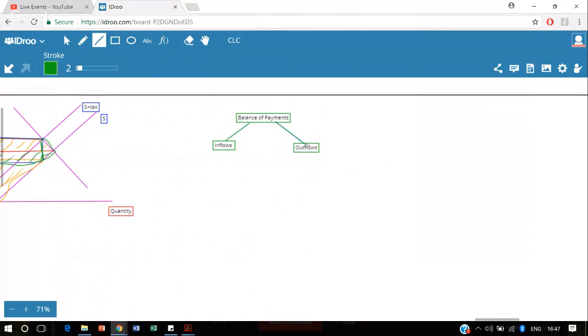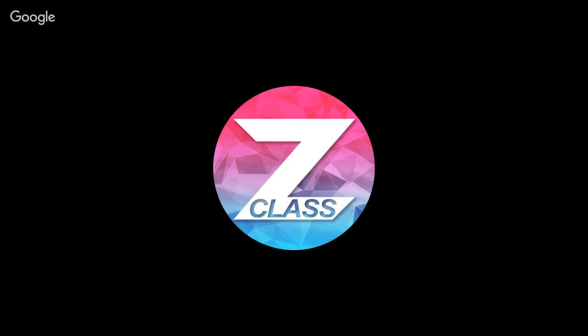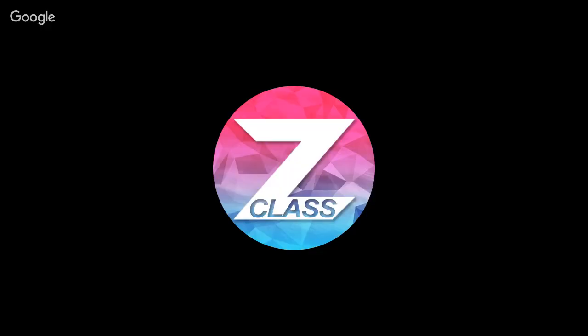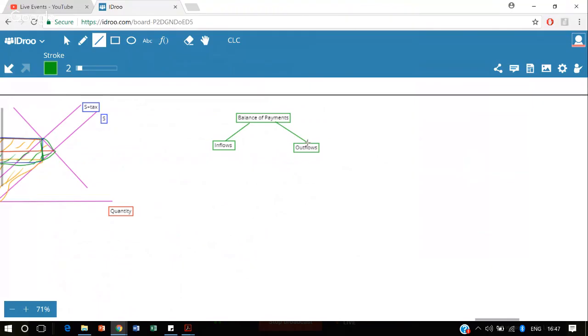Okay, so there's going to be inflows and outflows of foreign currency. So, for example, if an investor in the UK buys shares in an American company, what happens in terms of currency flows? So I buy some Apple shares.